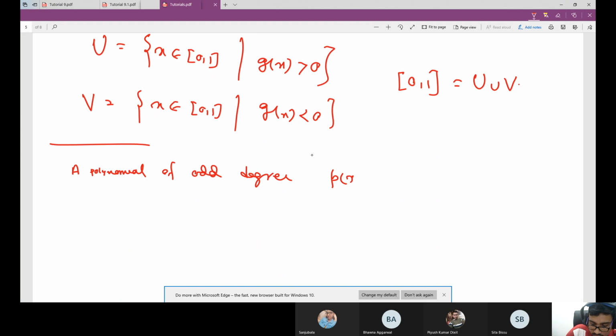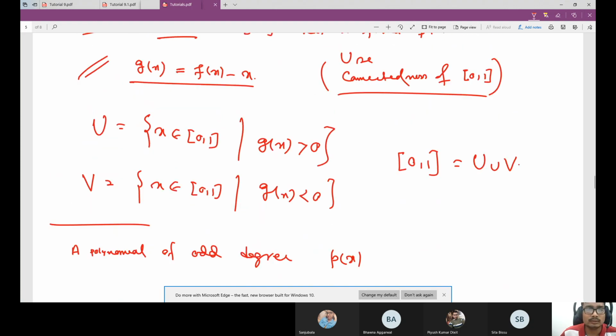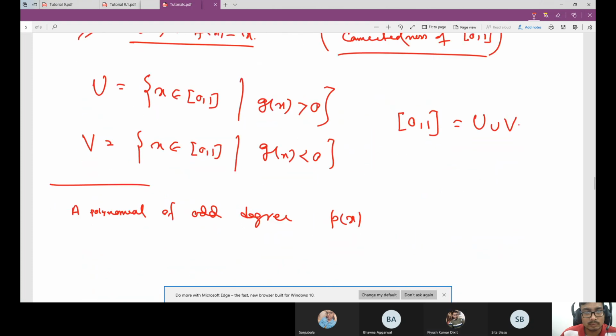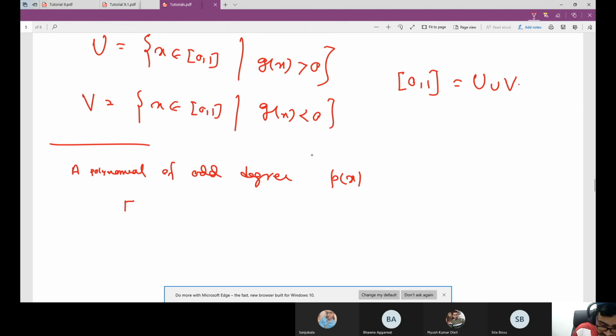Okay. Can you solve this one? Shall I leave it for you? Yes. But make sure that you need to verify two things. Actually you need to use the condition that R is connected.